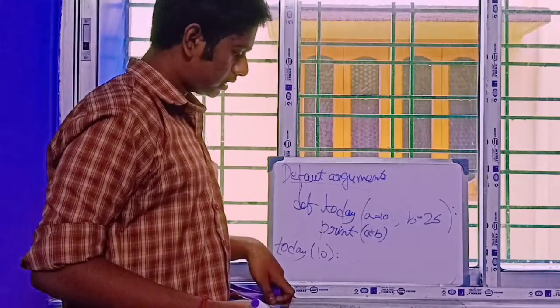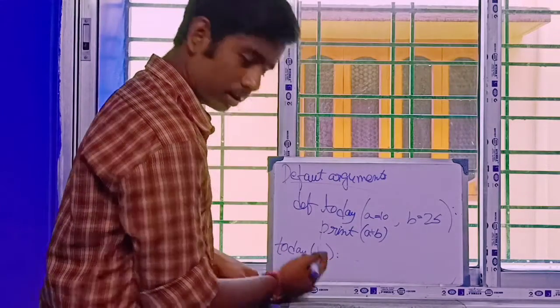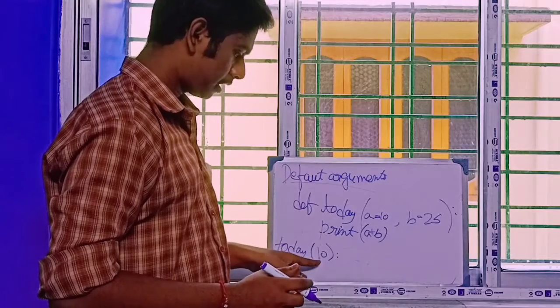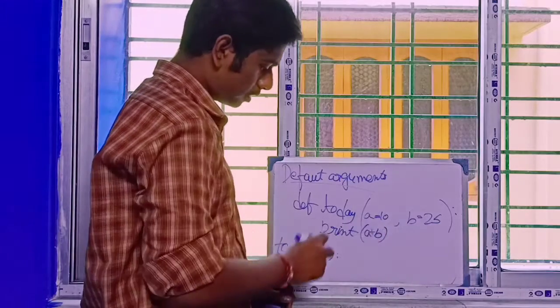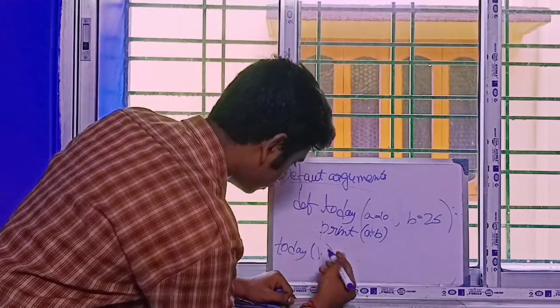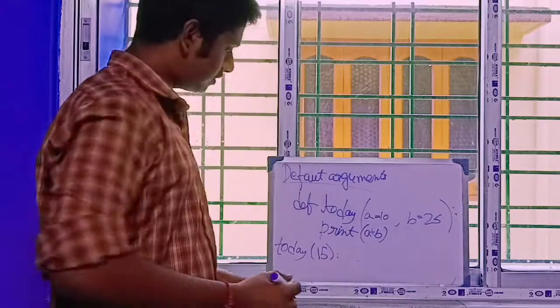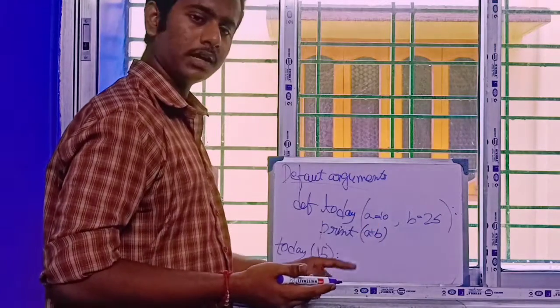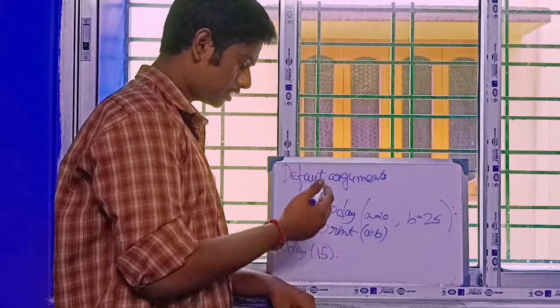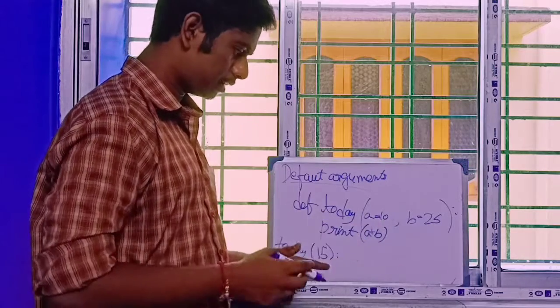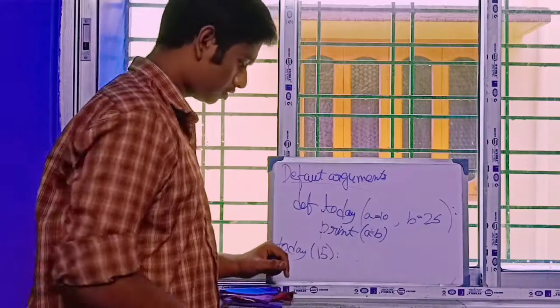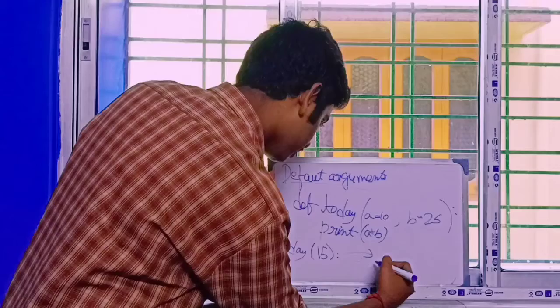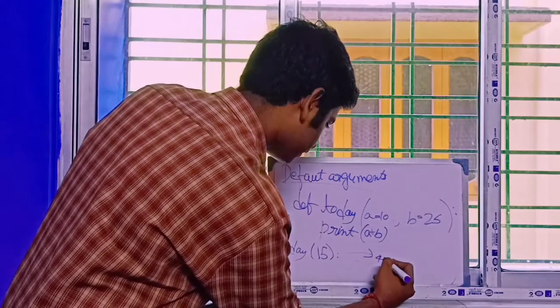This time we have given only one value, so it will just change the value of a from 10 to 15, and b will remain the same. So this time we will get the output as 15 plus 25, that is 40.